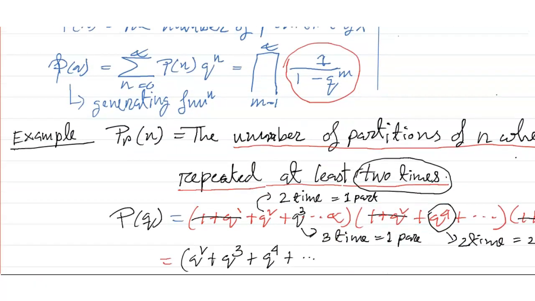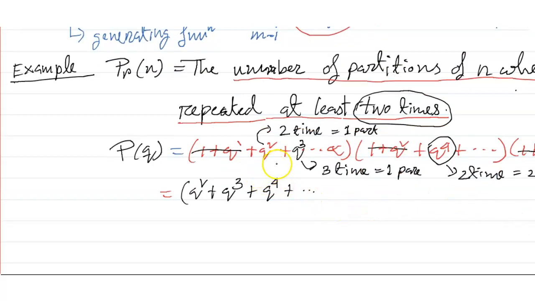So friends, I hope I can clear. So 2 time into 1 part. This is at least 2 time, means 2 time and more than 2 time, but not less than 2 time. Means it should be 2, 3. What is the meaning of at least?